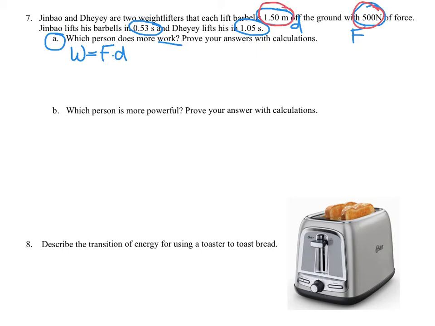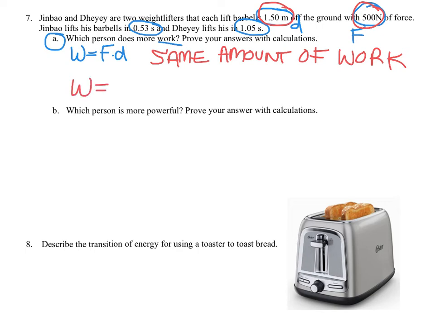Well, remember, work equals force times distance. I believe they both did the same distance, 1.5 meters, and the same force. So in this case, I think we could say that they both do the same amount of work. But let's prove that, because the directions say to prove with calculations.